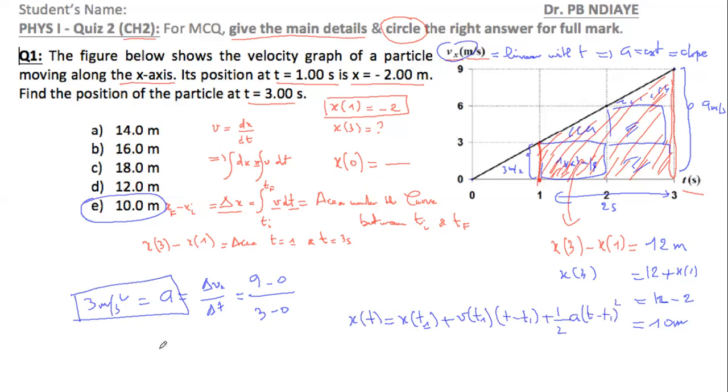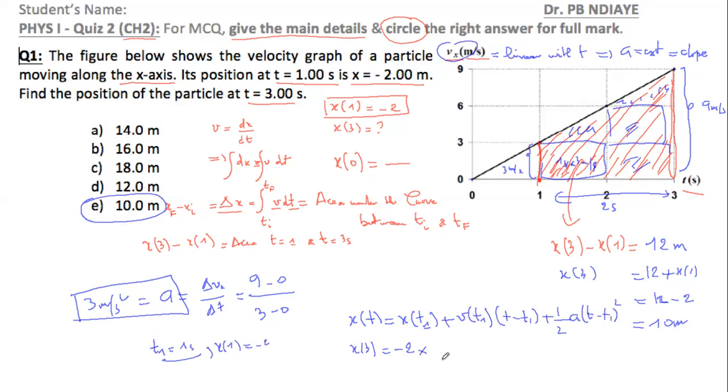So here I will take t1 to be 1 second because I know the position. At 1 second, what is x1? It is minus 2. So if I want x3, it's equal to x1, which is minus 2, plus v at t1. What is v at t1?